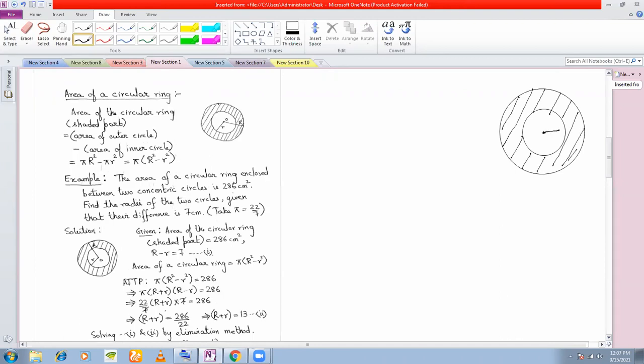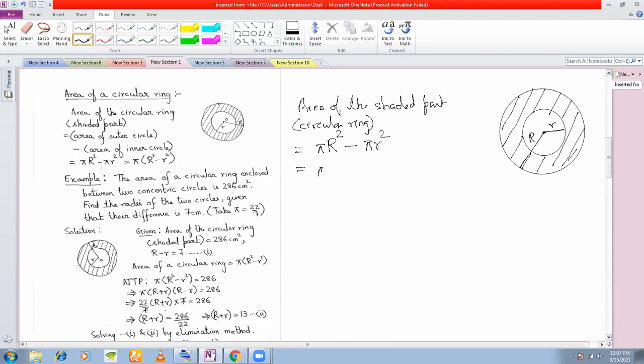If I take this radius as small r and the radius of the outer circle as capital R, then area of the shaded part, also called as a circular ring, is equal to area of the outer circle, which is pi capital R square, minus area of the inner circle, pi small r square.